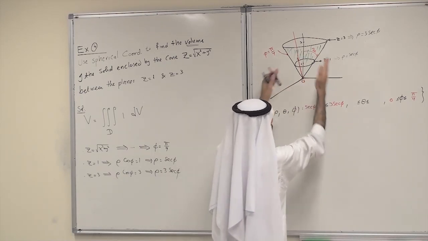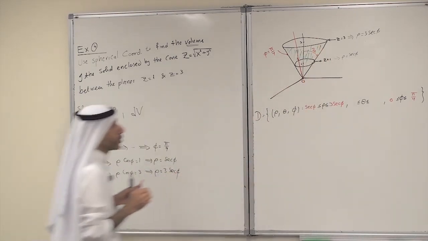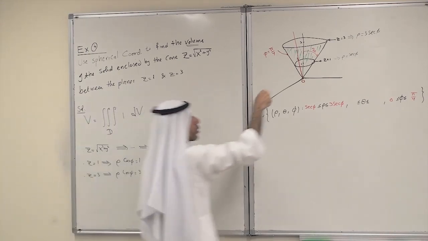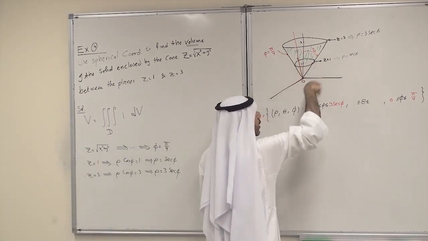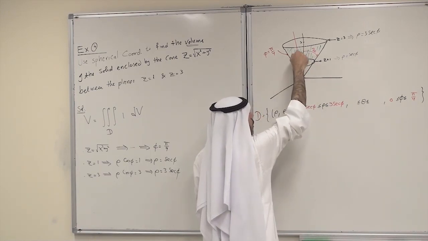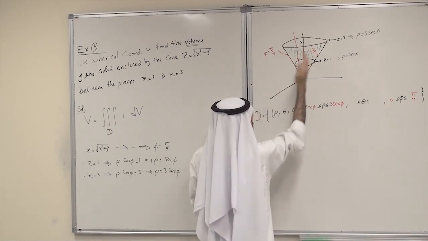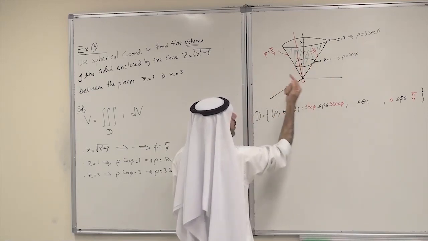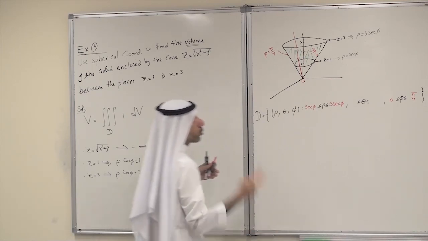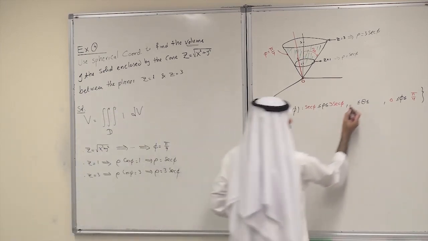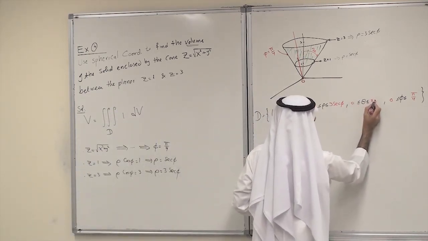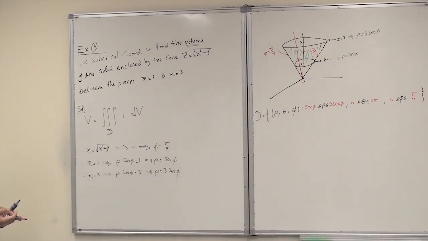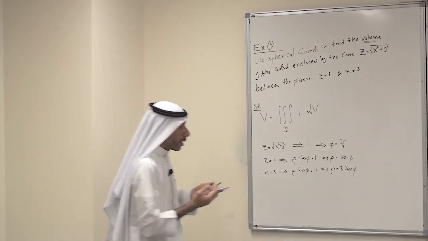The solid is around the positive z-axis, so you will cover all possible angles of theta, one full cycle from 0 to 2 pi. This is the description of the solid in terms of spherical coordinates.